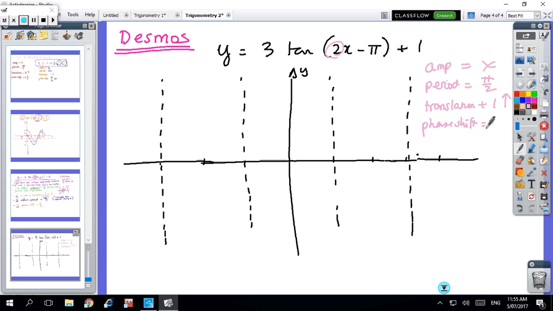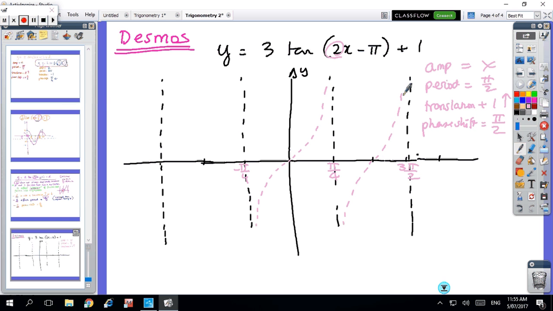Phase shift will be pi over 2. So normally that would be pi on 2, so now we've got pi on 4, minus pi on 4, and that's 3 pi on 2. So normally, the function would look like that.